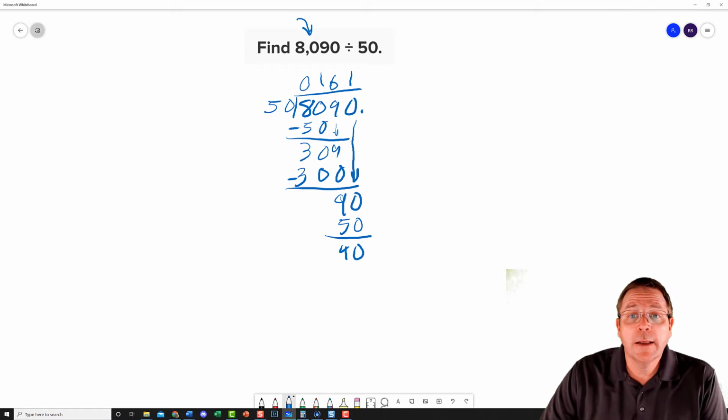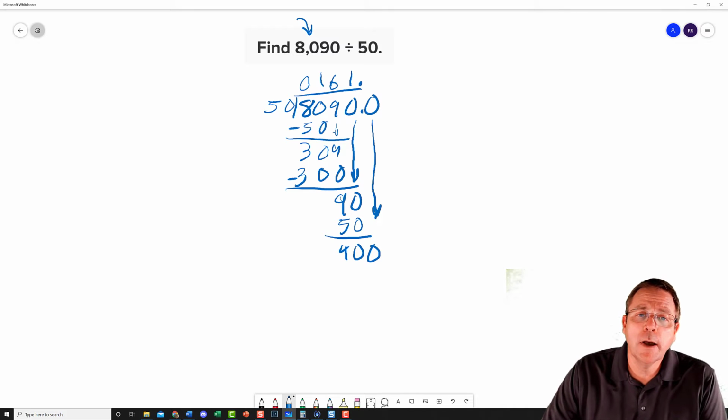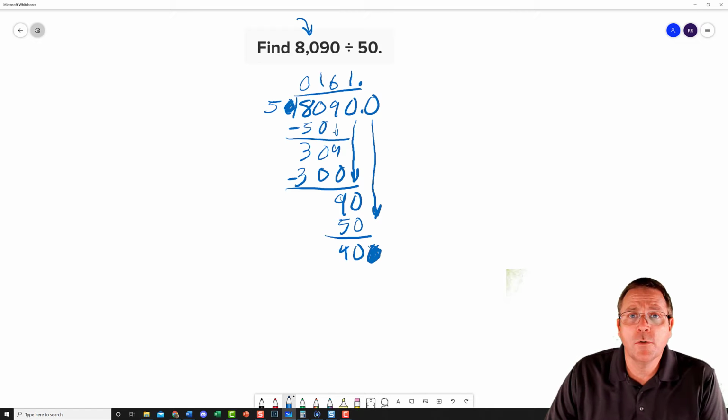Now we're going to have to annex in the decimal, and the decimal goes up. Annex in the 0, the 0 goes down. How many times does 50 go into 400? Should be pretty easy, but if it's not, in your mind, scratch out that last digit and say how many times does 5 go into 40.